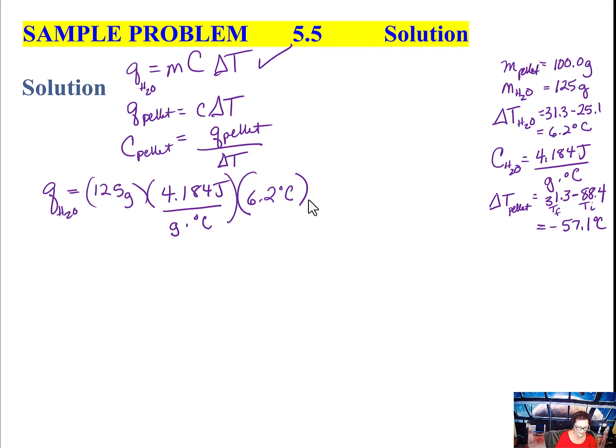So when I do my calculation there, I'm going to get 3,242.6 joules, and I'm just going to leave all of those decimal places there for now.